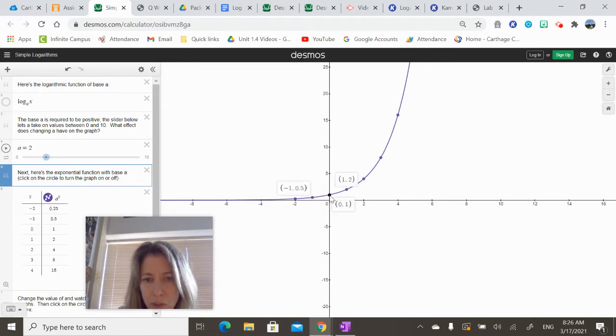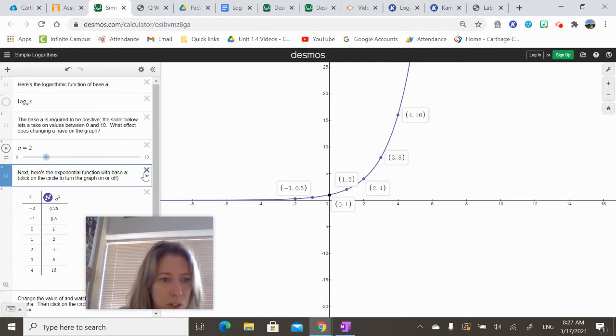If the base is 2, that means for every x value that goes up by 1, the y value is multiplying by 2. So 1 times 2 is 2. This is going to be 2, 4. 2 times 2 is 4. This will be 3, 8. So I can see the growth factor by looking at what the y value is multiplied by for every change in x. This is an exponential.